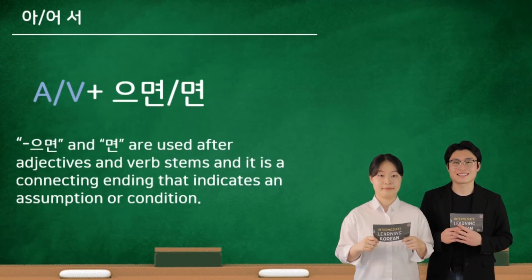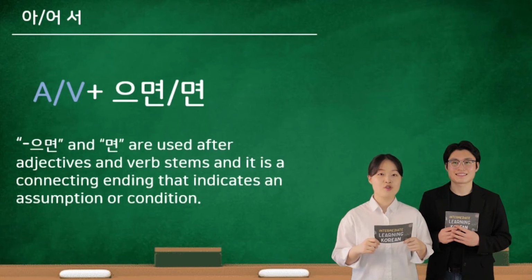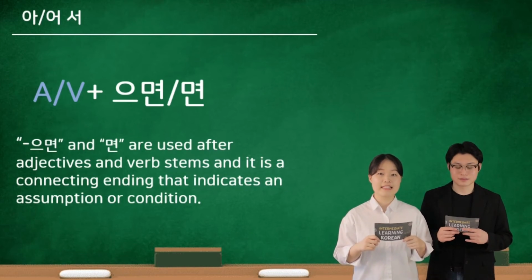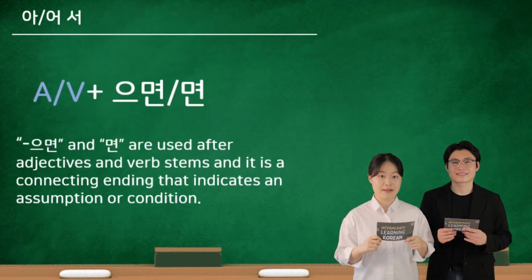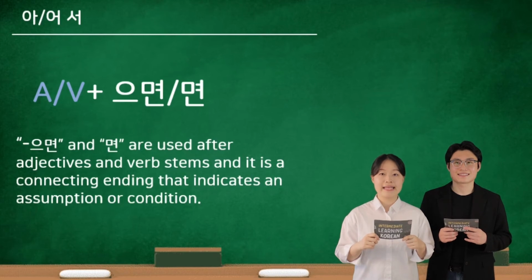And the back sentence is 배탈이 납니다. Therefore, the condition is 상한 음식을 먹다. Like this, adjective and verb plus 으면 or 면 is used when expressing assumption or conditions.